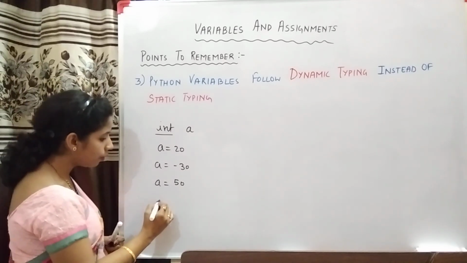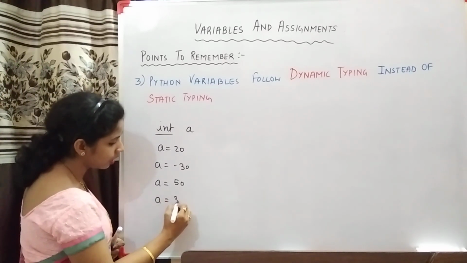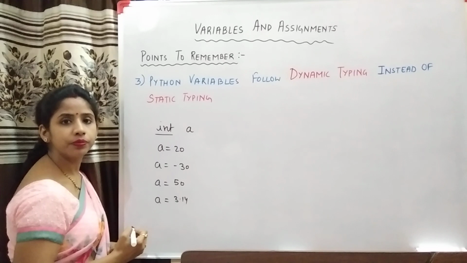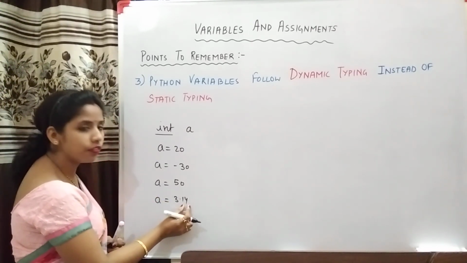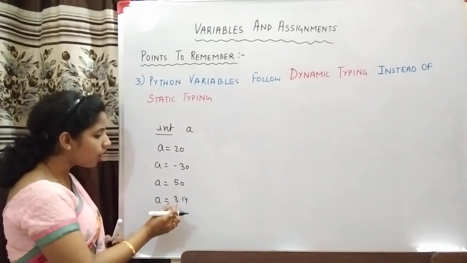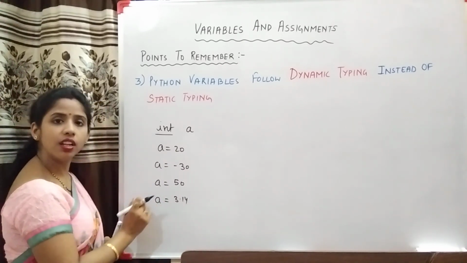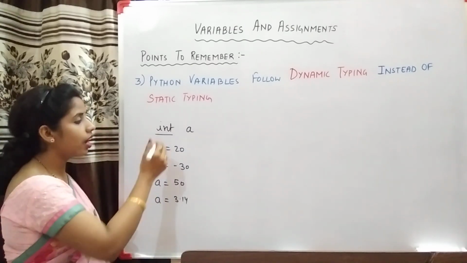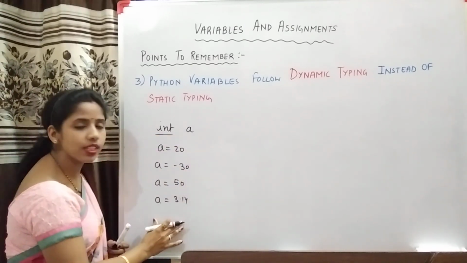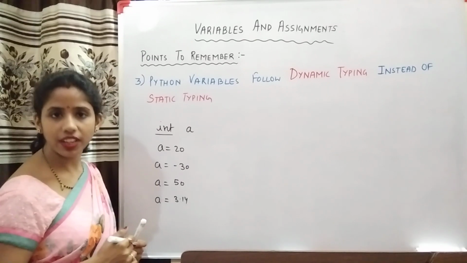But you can't assign 3.14 to it. And even if you do assign, what will happen? ये 3.14 neglect कर देगा और सिर्फ 3 इस वैल्यू का ले लेगा. Means once you made the variable an integer variable, you cannot assign any other type of value to that variable.